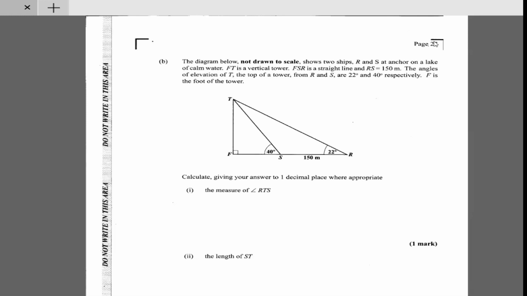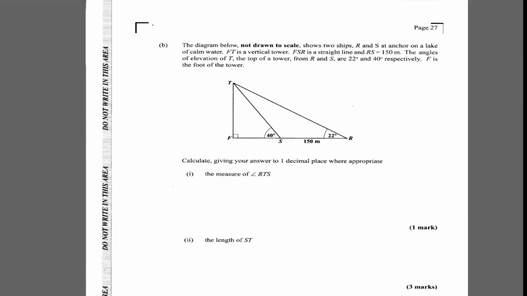We didn't need to read all of that, given that they gave us the diagram with everything labeled, but just in case something was missing, we could have gone back here and filled in, because it gave us all that we need anyway. Angle RTS. So this is angle RTS we need. Now, you can find RTS in so many ways.